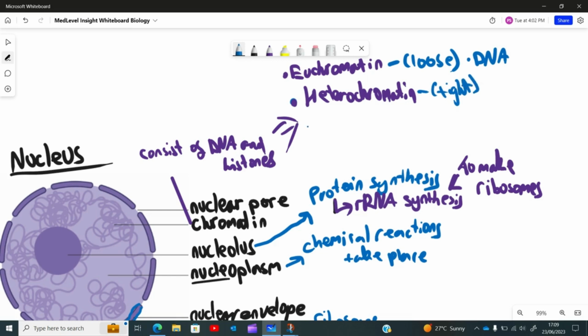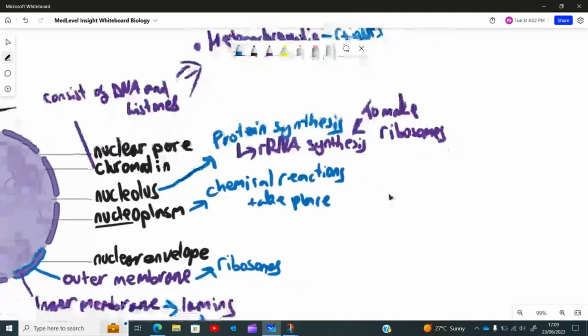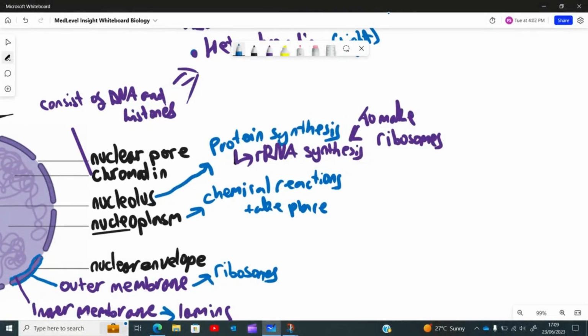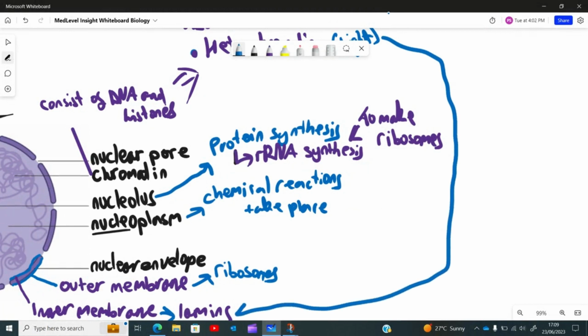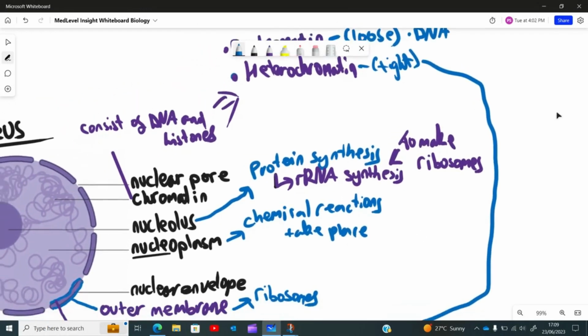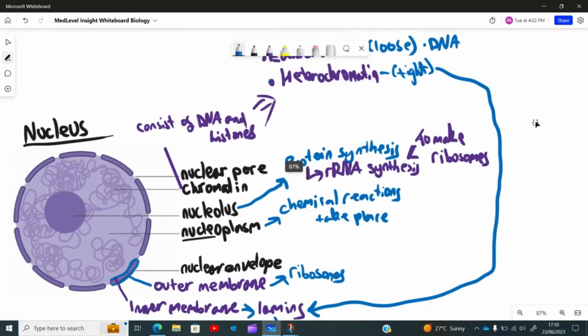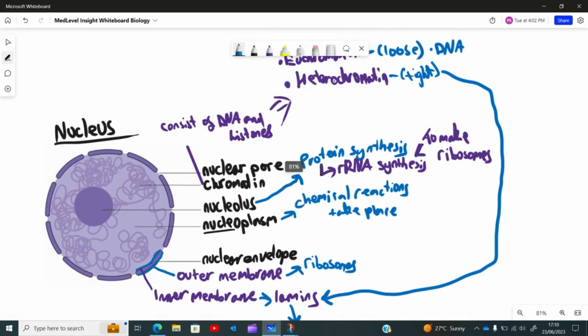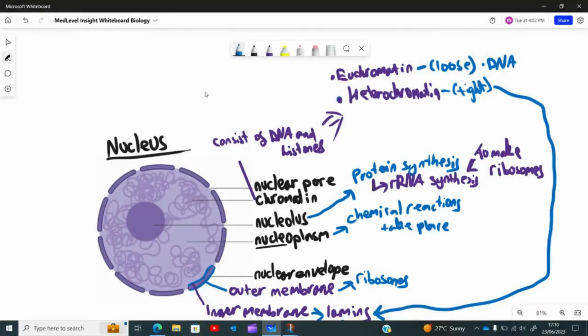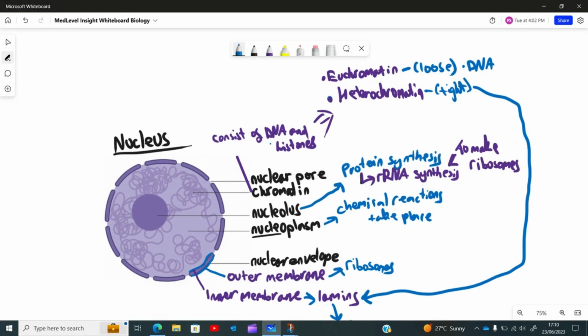This is tight and it's found closer towards the inner membrane of the nuclear envelope. So I would link it like this. Okay, so that's everything summarized in this little mind map here. So this is nucleus done.